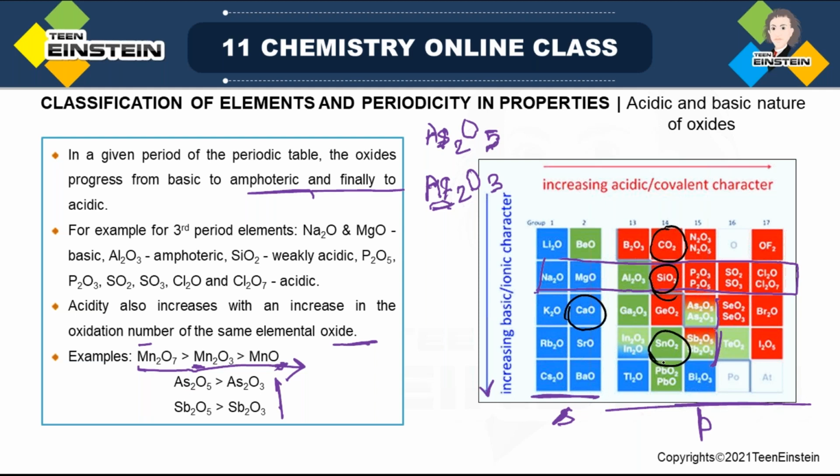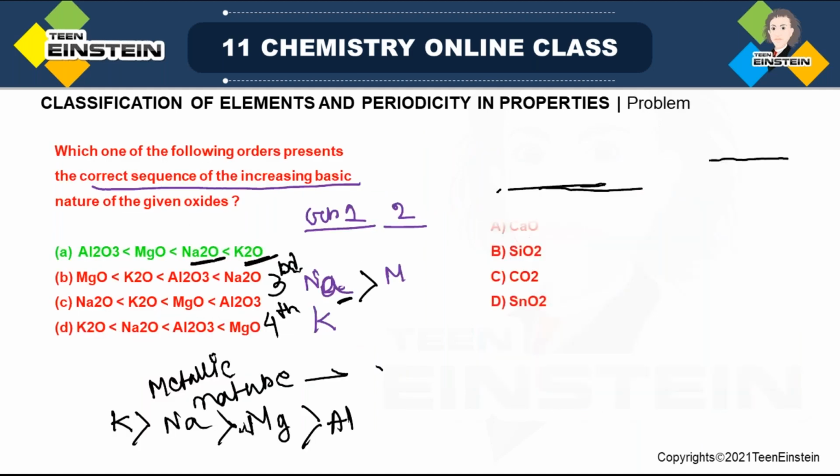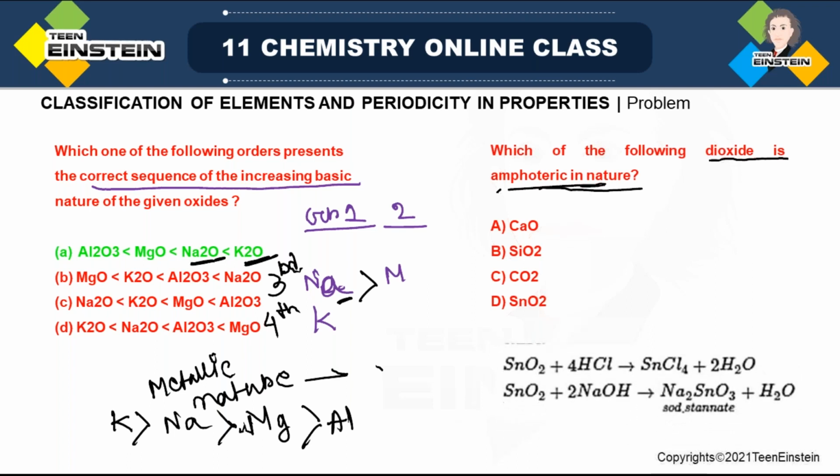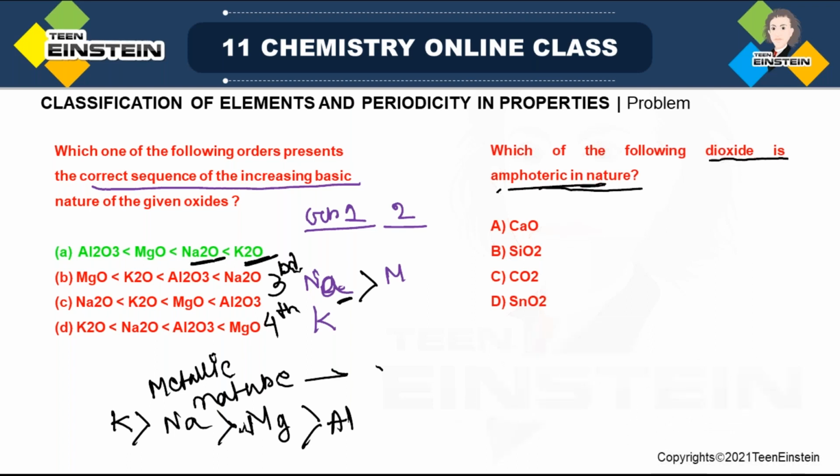Fine. Now there is another oxide of Sn also, that is basically SnO. That is not mentioned here, but there is another oxide also. So these four are basically mentioned in the question, right? But if you just can't remember that table, what you can do, you can write the position of these elements: calcium, silicon, carbon, tin.